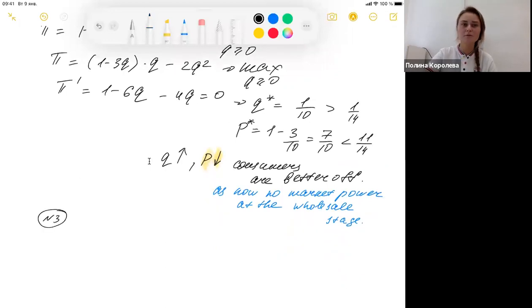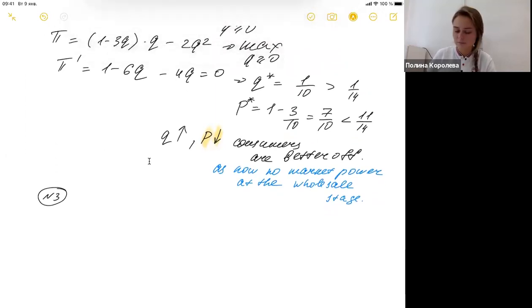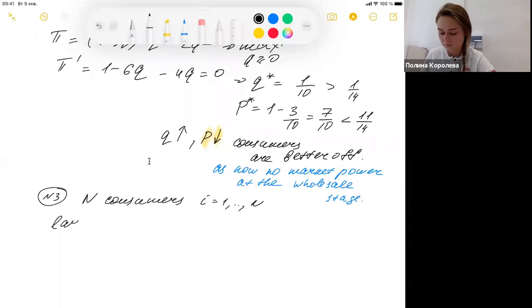Number 3 is about a monopolist with a lot of consumers, and all consumers are different, and we need to compare a situation of uniform pricing and third-degree price discrimination. So let's read. Consider a market with n consumers, i from 1 to n, and one large firm, a monopoly.